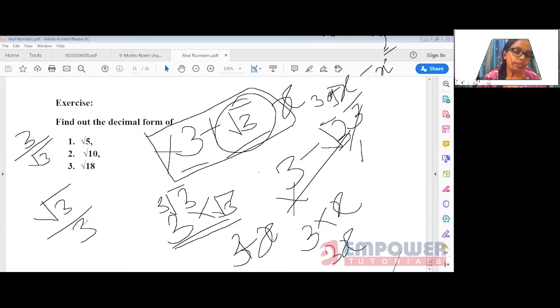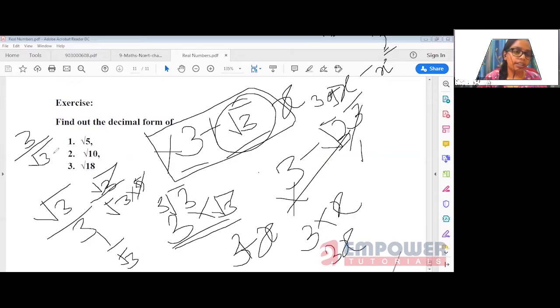Same is the case for this. So you can divide this. So root 3 upon 3, I can write 3 in the form of root 3 into root 3. So root 3 upon root 3 into root 3, root 3 will get cancelled, and the answer will be 1 upon root 3.